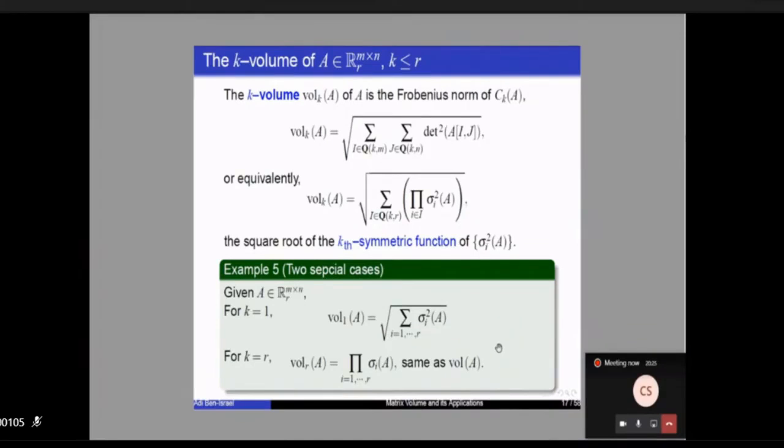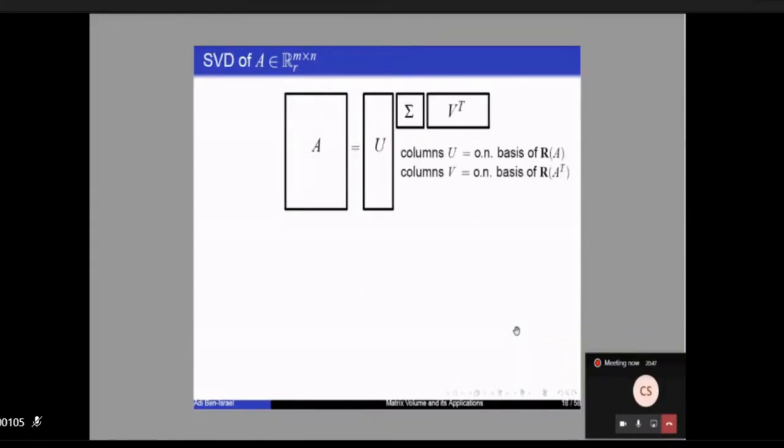So the K volume will be just the Frobenius norm of CKA, or equivalently, in terms of singular values, it is the square root of the K symmetric function of the squares of the singular values. And these have also interesting volume interpretation, but they are beyond this lecture.